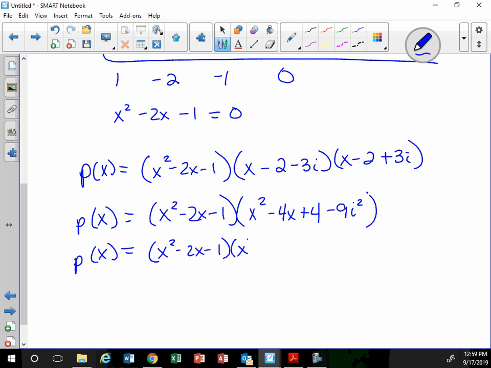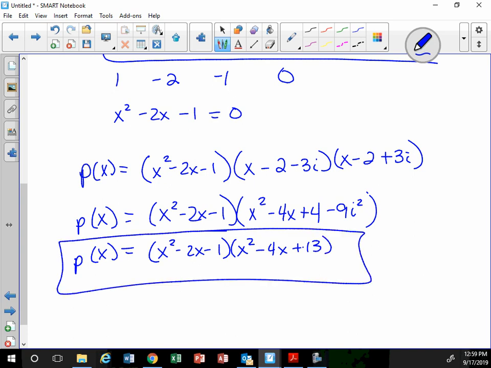So that's going to be x squared minus 4x plus 13 as your other factor. All right, and again, if I was doing long division, I would have divided by the x squared minus 4x plus 13. Okay. Yeah, that's why I multiplied them together.